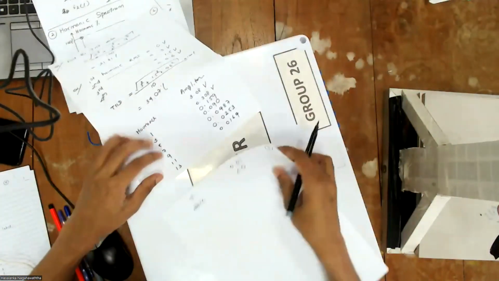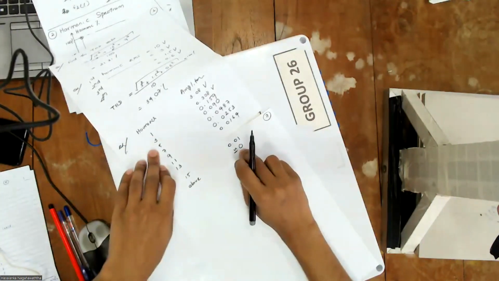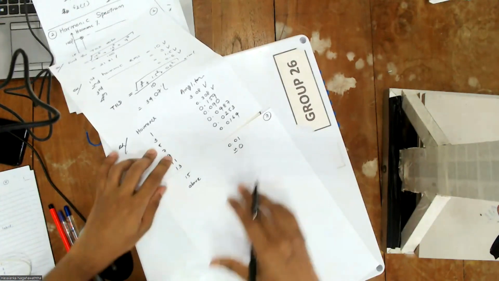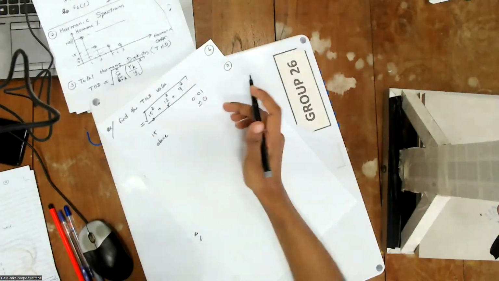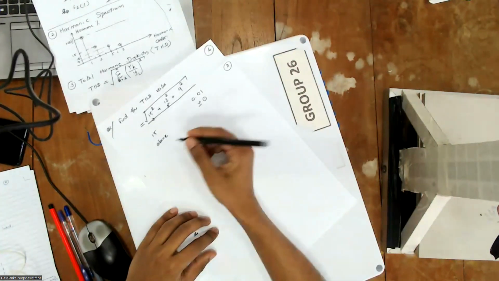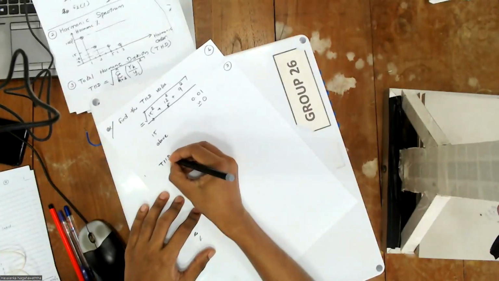The 15th harmonic is 0.01 and above is equal to 0. Then here we have a derivation. In the previous case I defined what THD is.